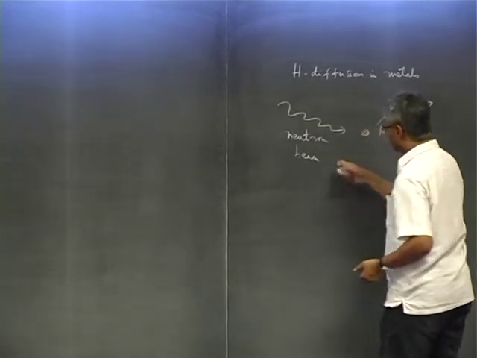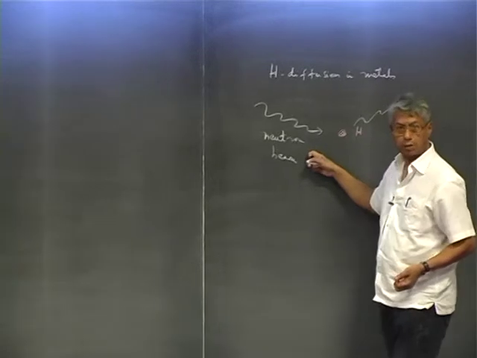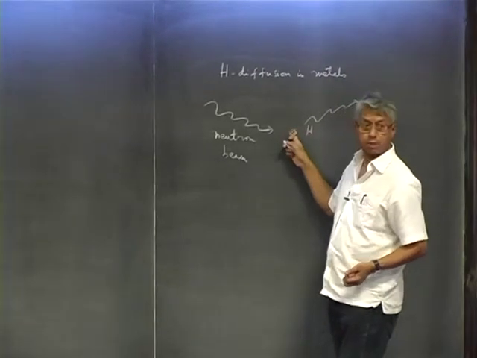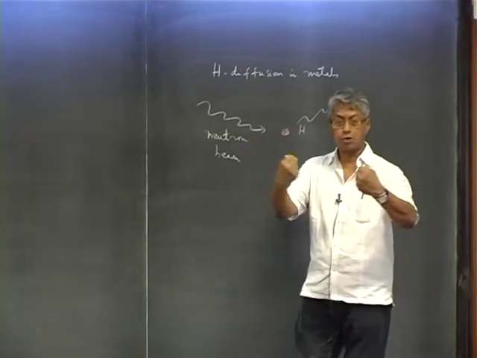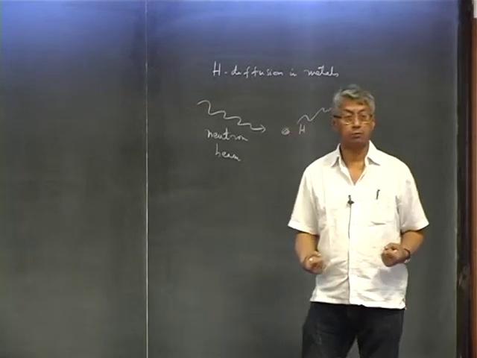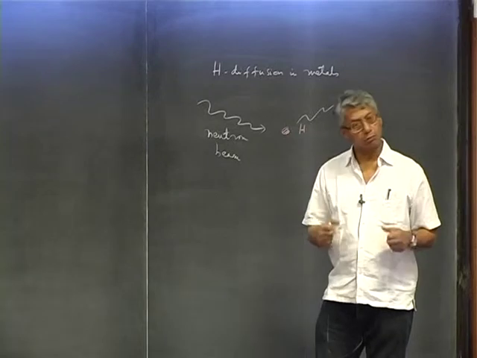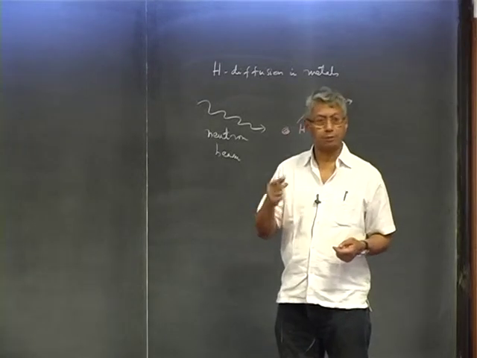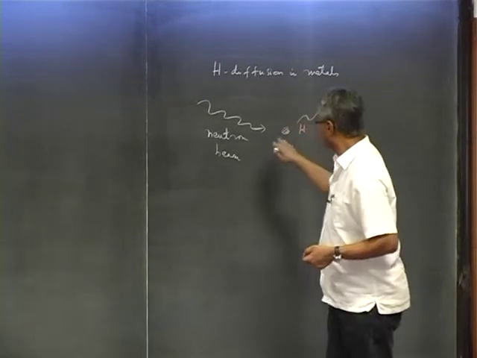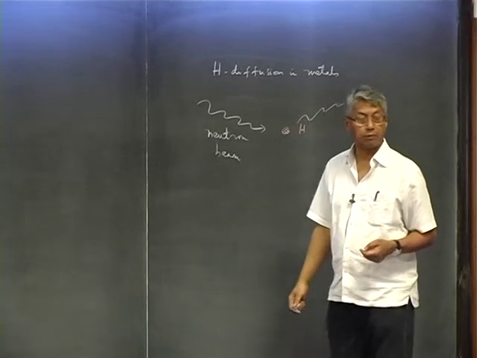So the neutron, of course, is a nuclear particle, and hydrogen has its proton, and there's a very short-range nuclear interaction, a Fermi contact interaction. Of course, there's also a spin interaction because the neutron is a spin-half particle, and the proton has a spin-half.